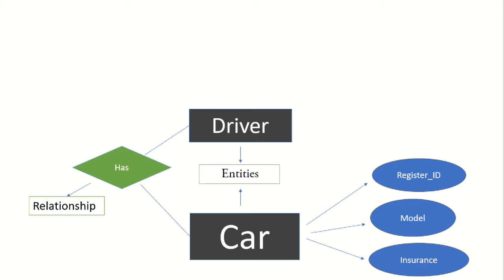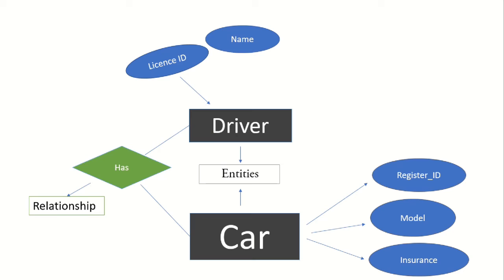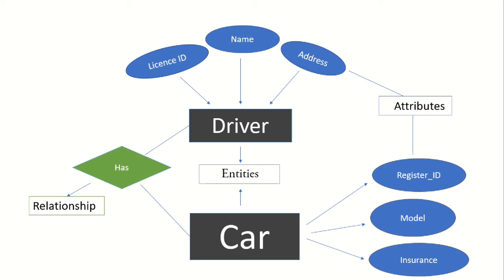An entity can have as many attributes as necessary. A driver also has the attributes license, name, address, contact number, age, and many more. These are all the attributes.